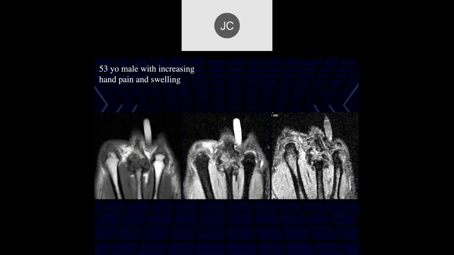Okay, Elior. We have a 53-year-old male with increasing hand pain and swelling. Right, that MCP joint, it just looks like there's bony destruction involving that joint, maybe an effusion.